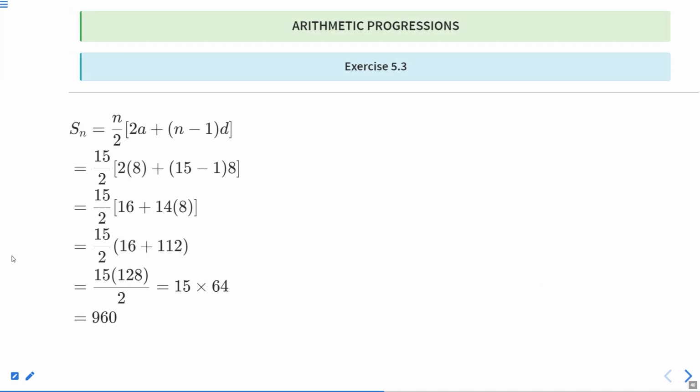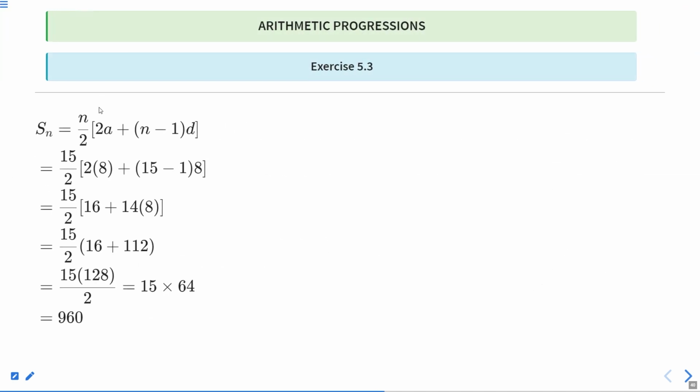Okay, so we know the formula Sn is equal to n by 2 times (2a plus (n minus 1) d). Now if we put all the values of a, d, n, then we get S15 equal to 15 by 2 times (8 plus (15 minus 1) times 8), which is equal to 15 by 2 times (16 plus 14 into 8), which is equal to 15 by 2 times (16 plus 112), which is 15 times 128 divided by 2, which is equal to 15 times 64, which is equal to 960.